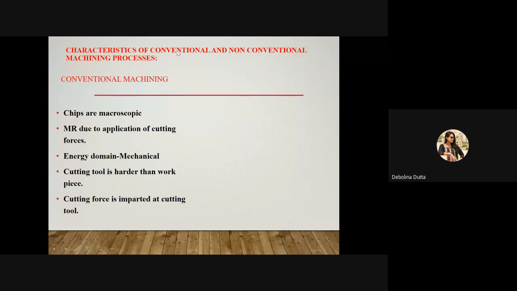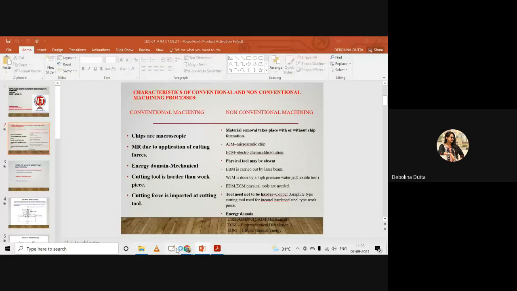Before I talk about the conventional and the non-conventional machining processes, I should first discuss manufacturing processes, which are mainly 3 types. First is the primary manufacturing process, to impart the basic shape and size.